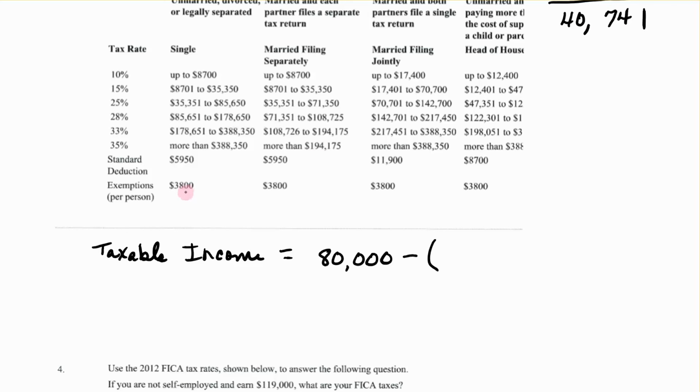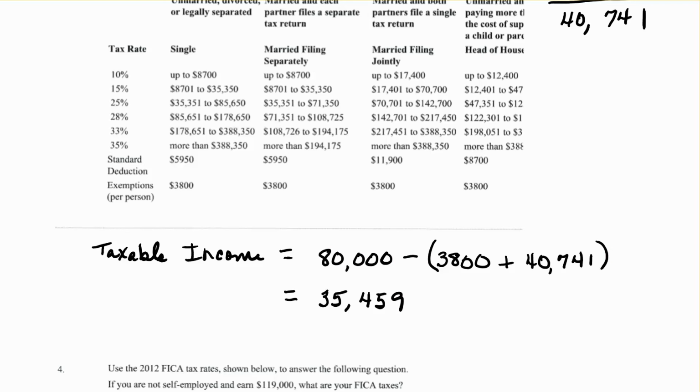A single person is exempted 8,300, and his itemized deductions were 40,741. So he has taxable income of $35,459. You can just put this straight in your calculator using the parentheses, and we have a taxable income.